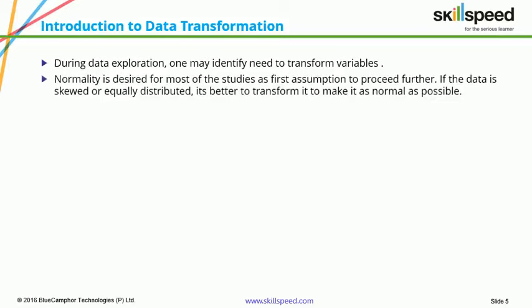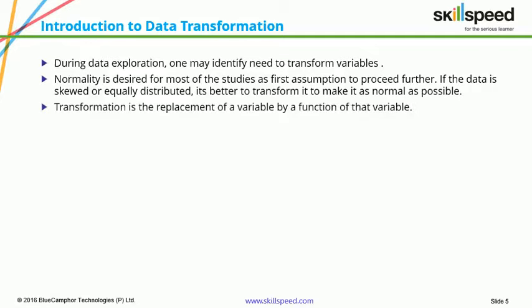Introduction to data transformation. During data exploration, one may identify the need to transform variables. Normality is desired for most studies as a first assumption to proceed further. If the data is skewed or unequally distributed, it's better to transform it to make it as normal as possible.